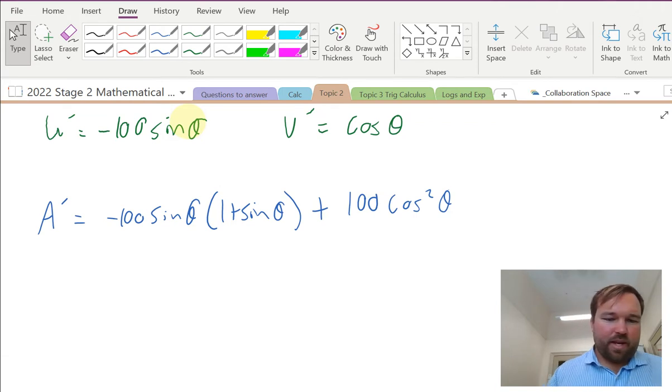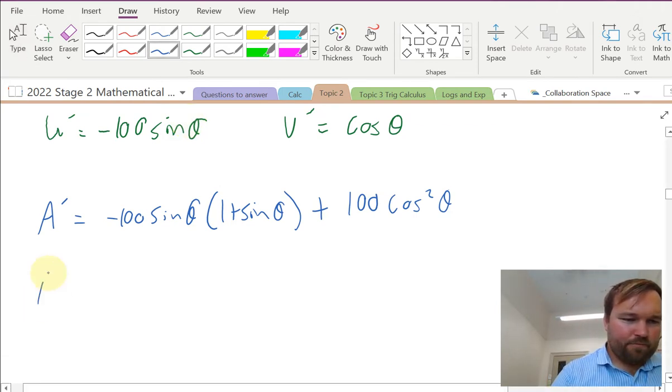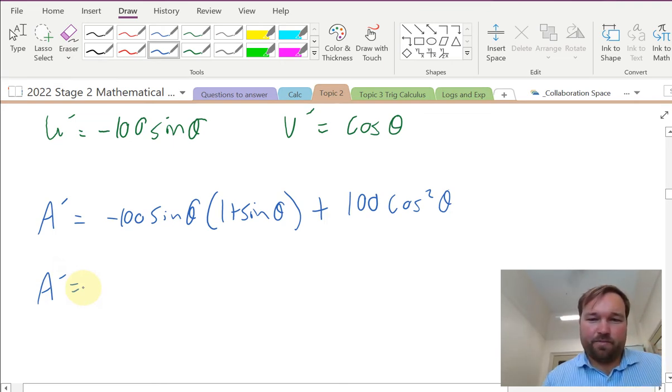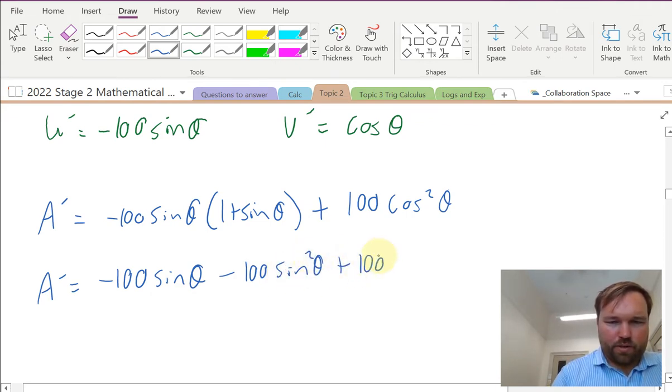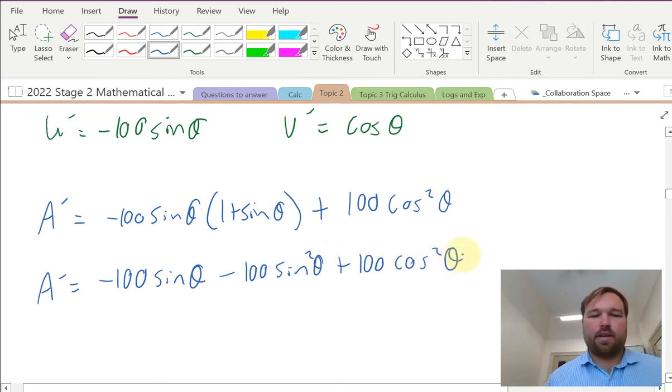Alright, now from here, probably a couple of different things you can do. I would be pretty tempted to multiply that in. Minus 100 sine theta minus 100 sine theta squared plus 100 cos squared theta.